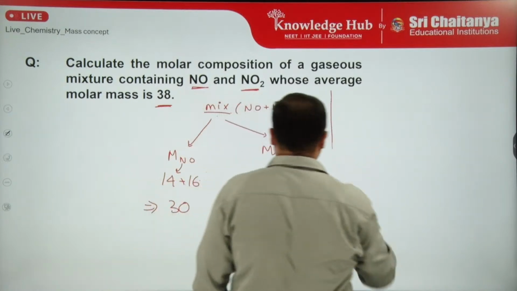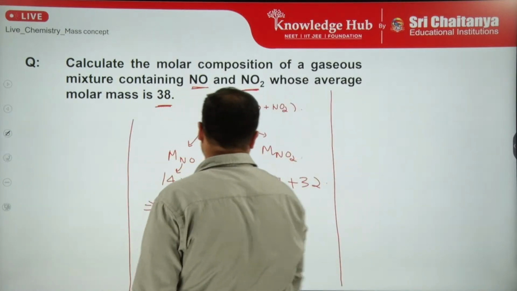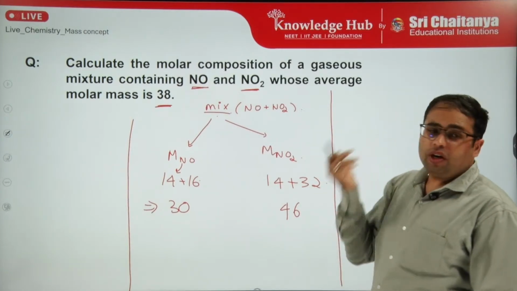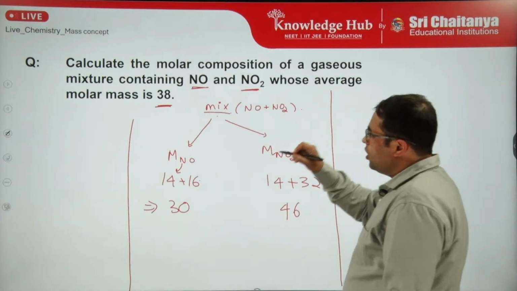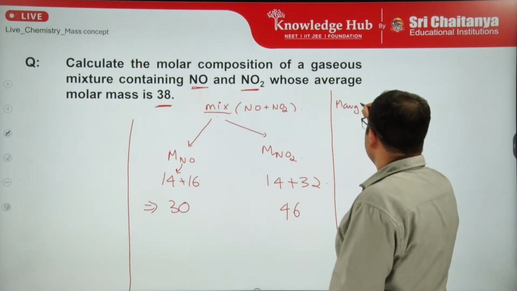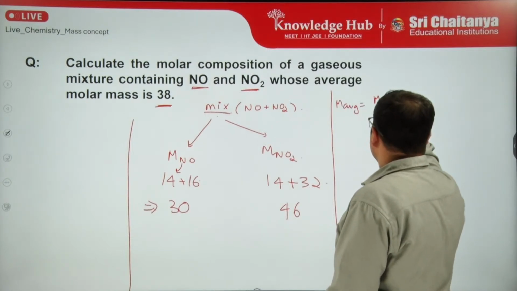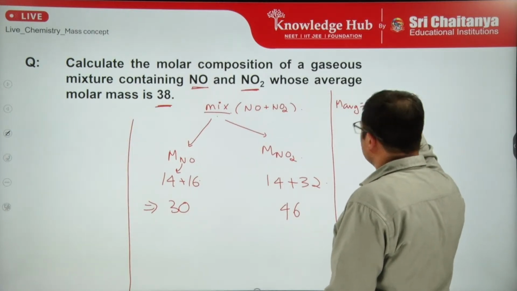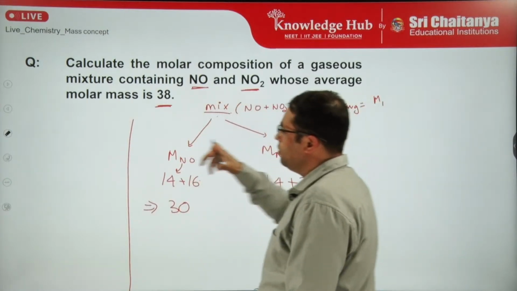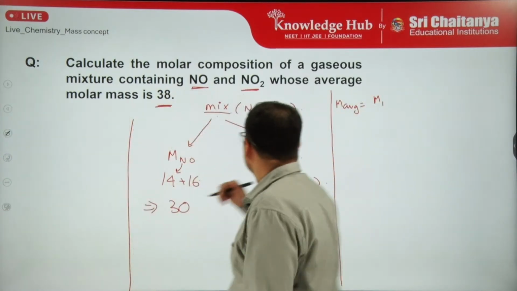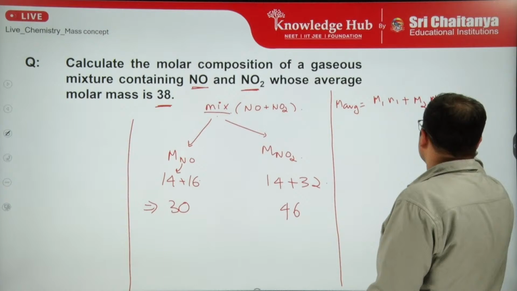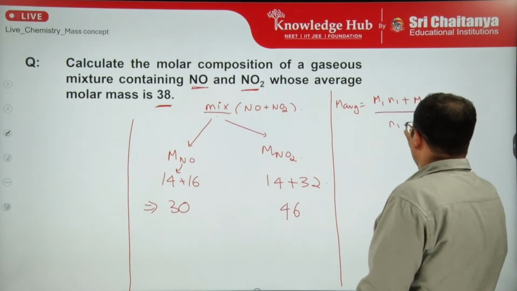Now what else can we do here? Molar masses are done. We know this formula, right? M average is equal to mass of 1 into N1 plus mass of 2 into N2, divided by N1 plus N2.